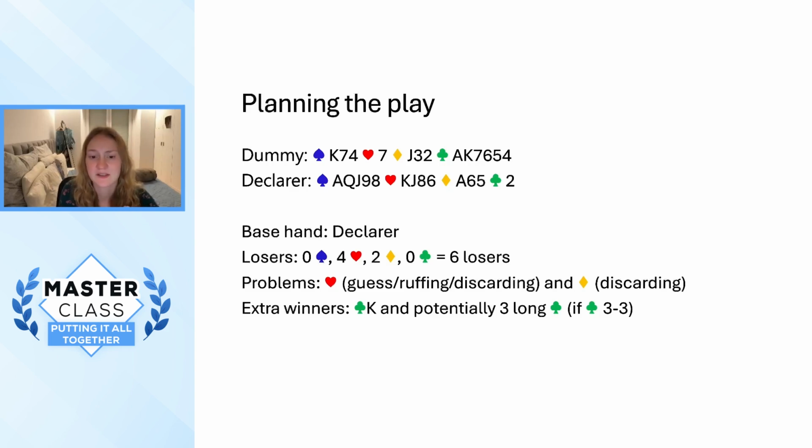So that's definitely an extra winner. It could also be that if it turns out that the clubs are 3-3 in the opponent's hands, that we could play ace of clubs, king of clubs, club, we ruff, and now we have 3 long clubs in the dummy that are also extra winners because nobody else can follow suit. So there's that to keep in mind as well.